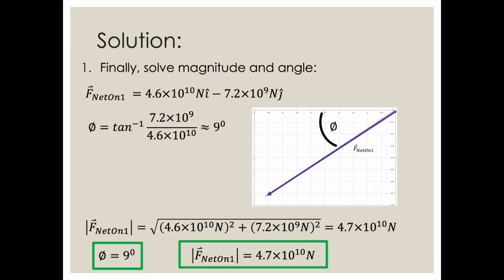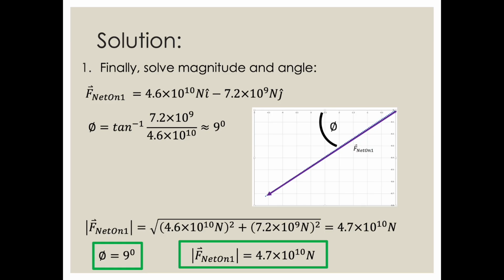So here I call that angle phi, and phi is equal to the inverse tangent of 7.2 times 10 to the 9th divided by 4.6 times 10 to the 10th. Notice here that we use absolute values for these magnitudes. We do this because we've already defined the direction for the vector, so we want to get the acute angle, the angle less than 90 degrees, for all of these, and that'll be consistent.